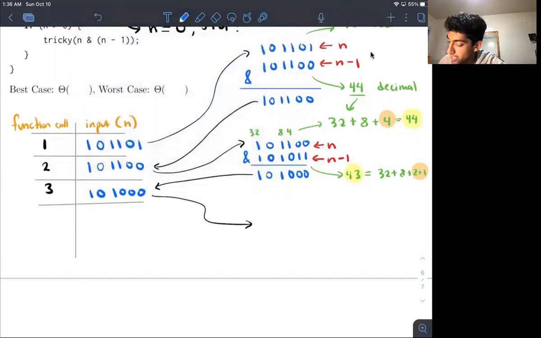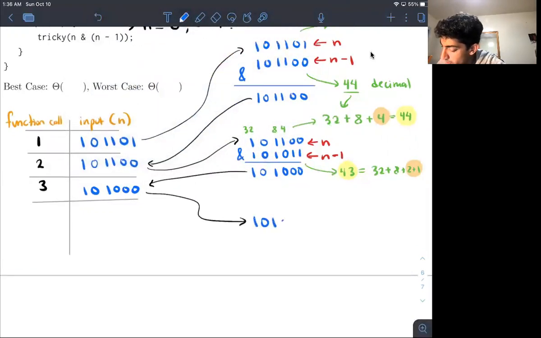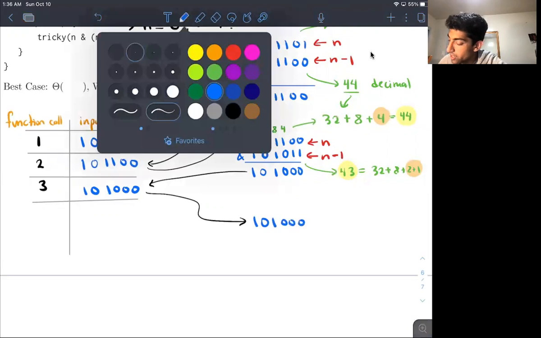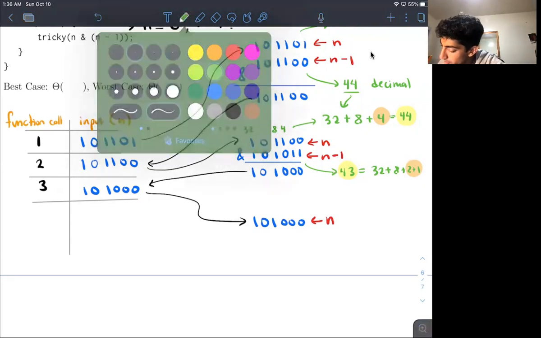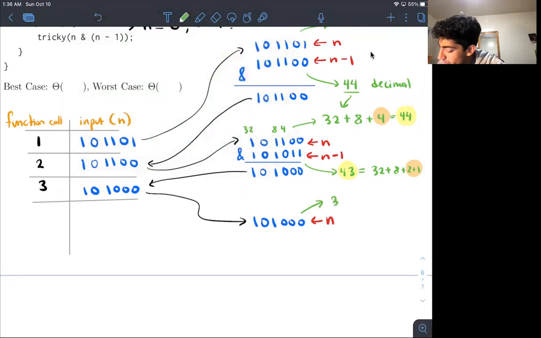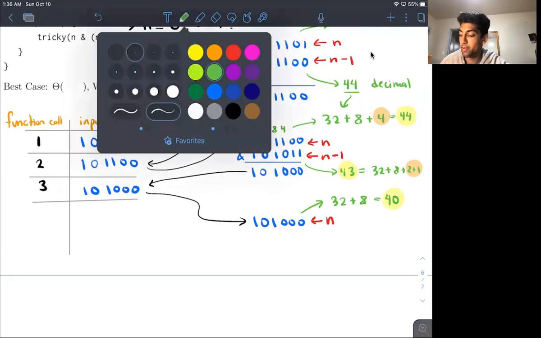Okay, so the next time around, we have 1, 0, 1, 0, 0, 0, which is our n. And this number is actually different than what we've seen so far. This number is going to be 32 plus 8, which is 40. Okay? So now let's look at what our n minus 1 is going to be.